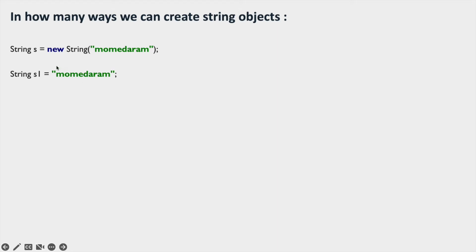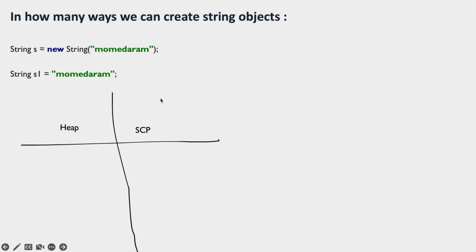Now let us see the new object. Whenever we create String s equals new String of Momedaram, how many objects will be created in the case of the first statement and how many objects will be created in the second statement? When we execute the first statement, we'll see how many objects are created. In Java, string objects will be saved in the heap memory or in the SCP, the string constant pool.